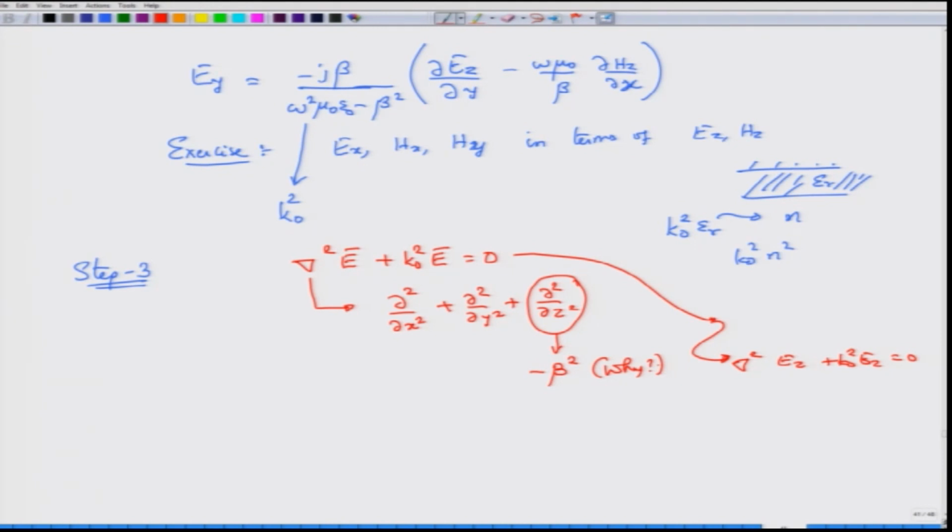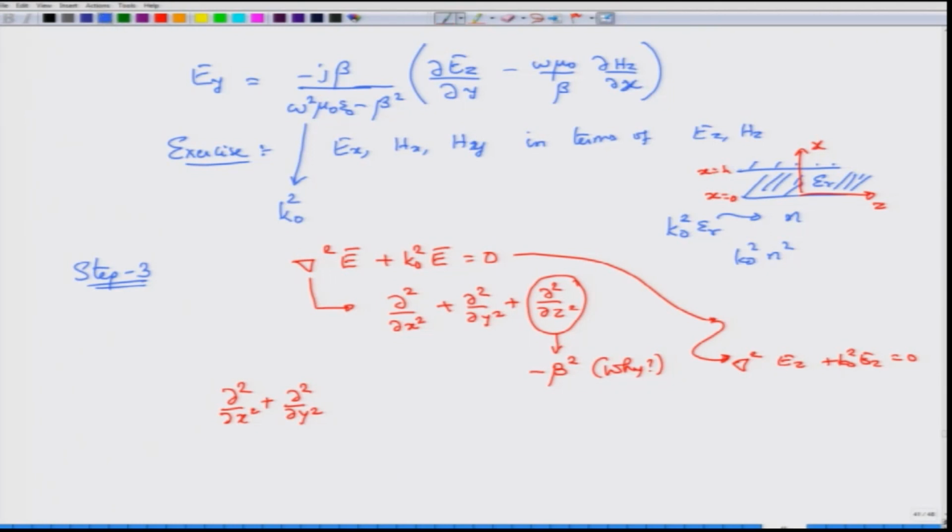Go back to the start of this module and you will understand why we have written this. So now I have del square by del x square plus del square by del y square. Since my parallel plate waveguide is assumed with a coordinate system such that this is the plate x equal to 0, this is the plane x equal to h, and this direction is the z axis, along the y direction we have assumed it to be infinity.